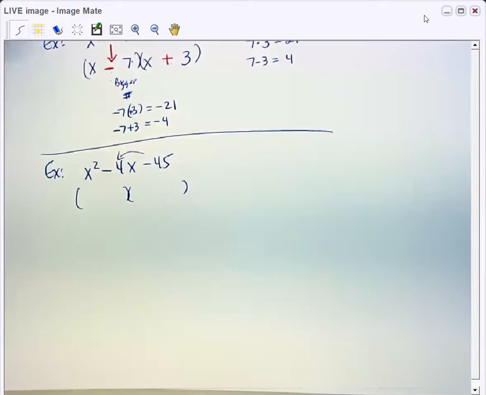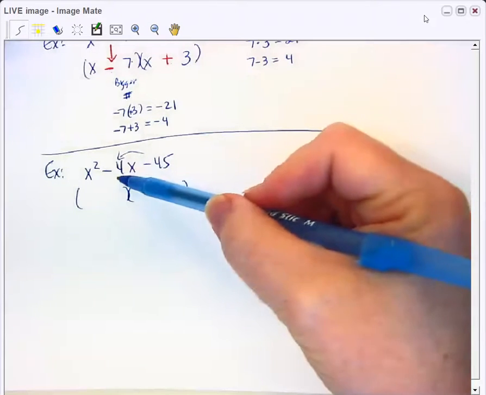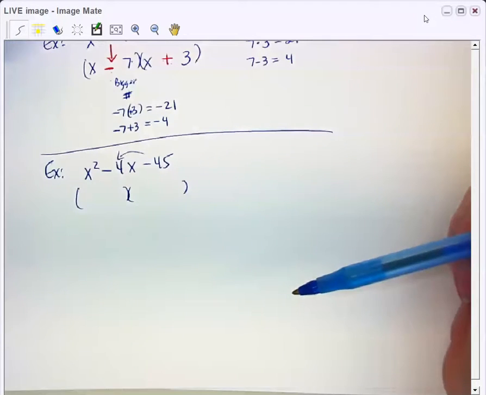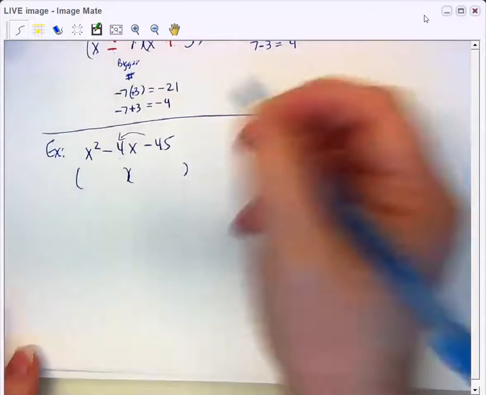Good. Nice. Okay. And some of you know the signs already, and that's totally awesome because you know that the bigger number has to be the negative, okay, to get the negative 4. Okay, awesome. Good.